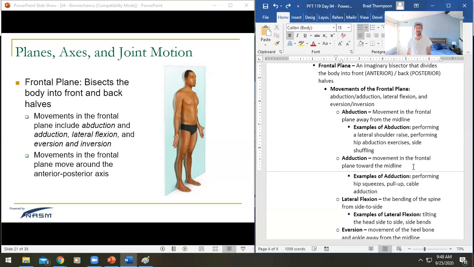Lateral flexion doesn't have an opposite, because you would just say left to right lateral flexion or right to left lateral flexion, which is kind of cool, because this is where you start looking at how we are super symmetrical, right? I've got my right obliques, I've got my left obliques. I do lateral flexion here. I also do lateral flexion here. And that is actually the same muscle, it just refers to your directions there, which I think is kind of cool. I think lateral flexion is one of my favorite terms just because it's so unique.